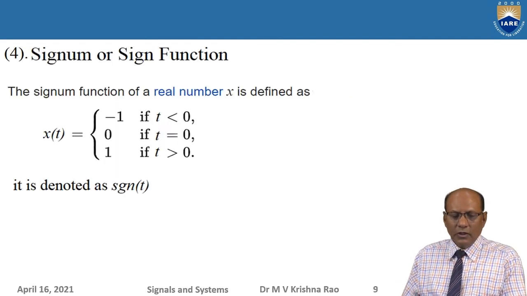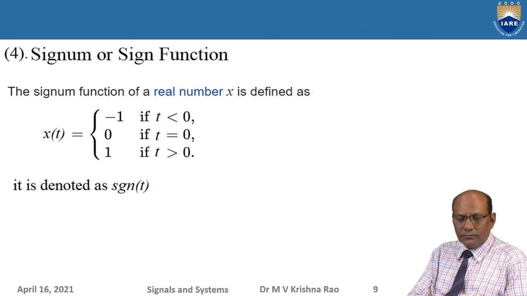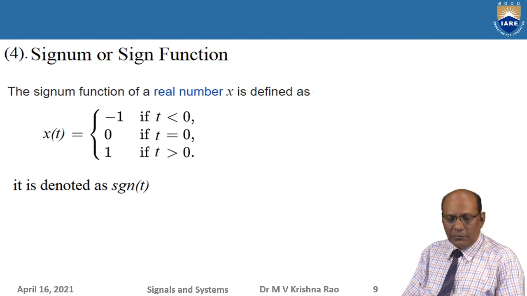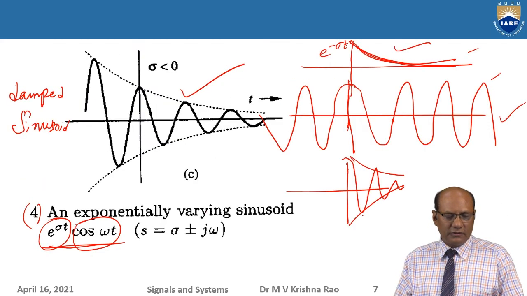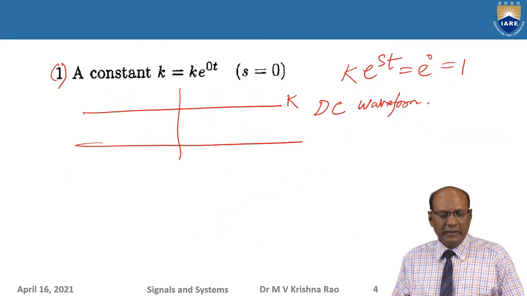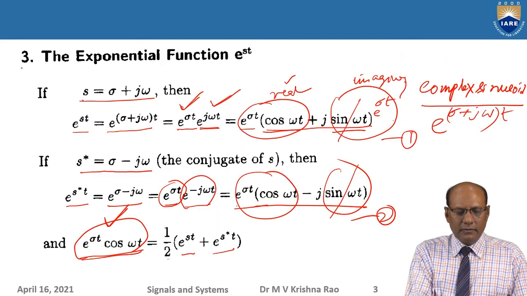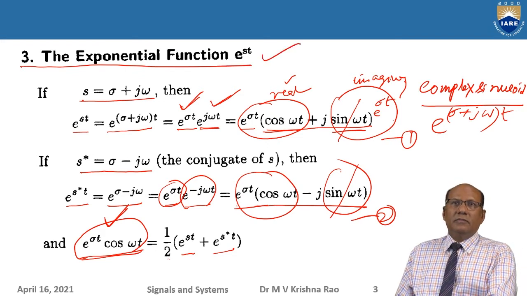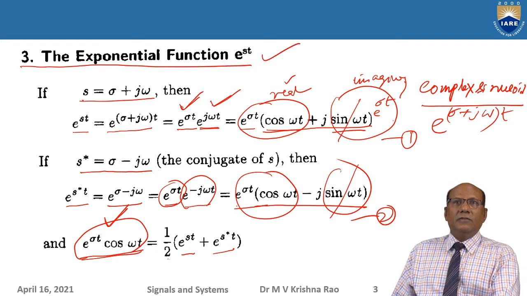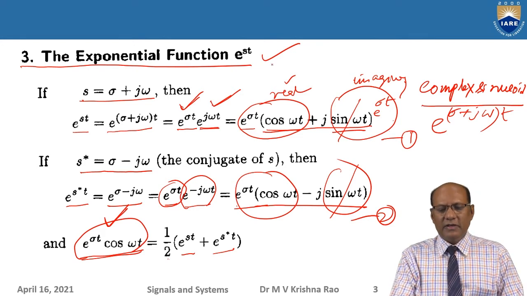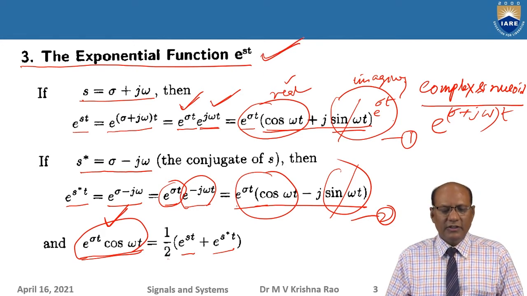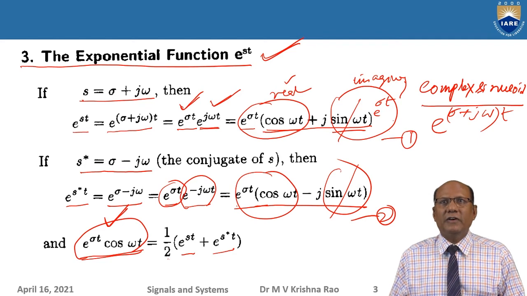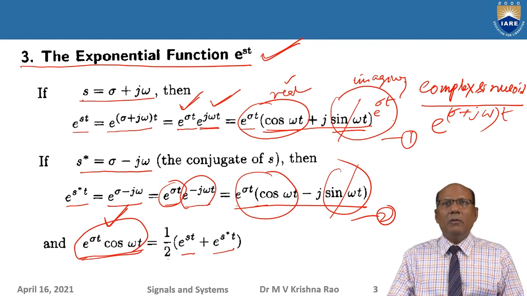Up to these four, what were these four signals? They are not independent. Ultimately, they are sub-functions of this major function. This is the major class, the exponential function, e to the power of st, where s is complex.